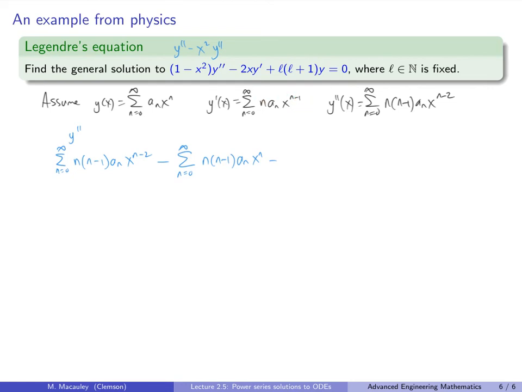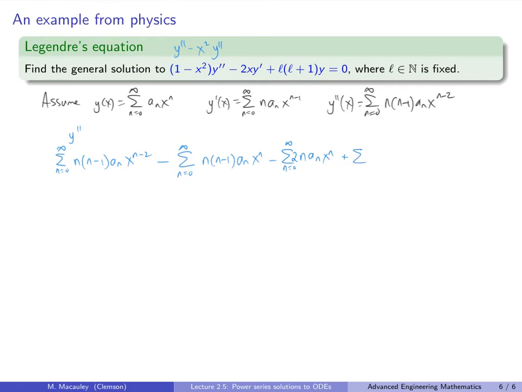Then the 2xy prime term: that's this thing, but there's a 2 in front of it and this becomes x to the n. So let me put the 2 inside of that: the sum from n equals 0, it doesn't really matter, of 2 n a_n x to the n. I almost forgot my 2. Let's put the 2 right there. And then plus this last term.